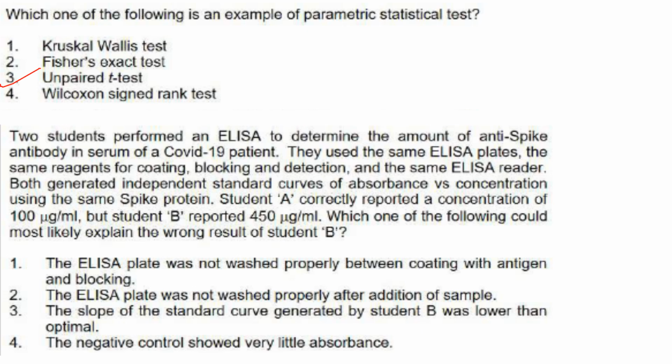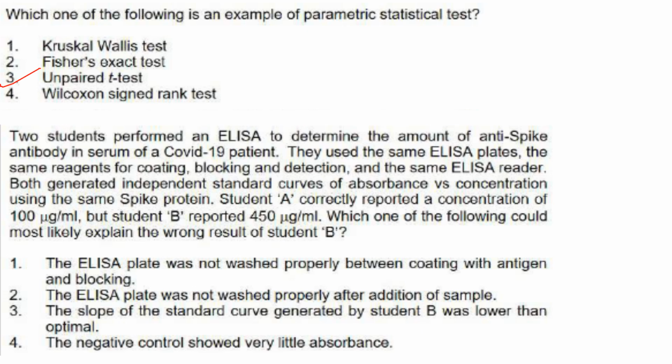Then 2 students performed an ELISA to determine the amount of anti-spike antibody in the serum of a COVID-19 patient. They used the same ELISA plates, the same reagents for coating, blocking, detection and the same ELISA reader. Both generated independent standard curves of absorption versus concentration using the same spike protein.